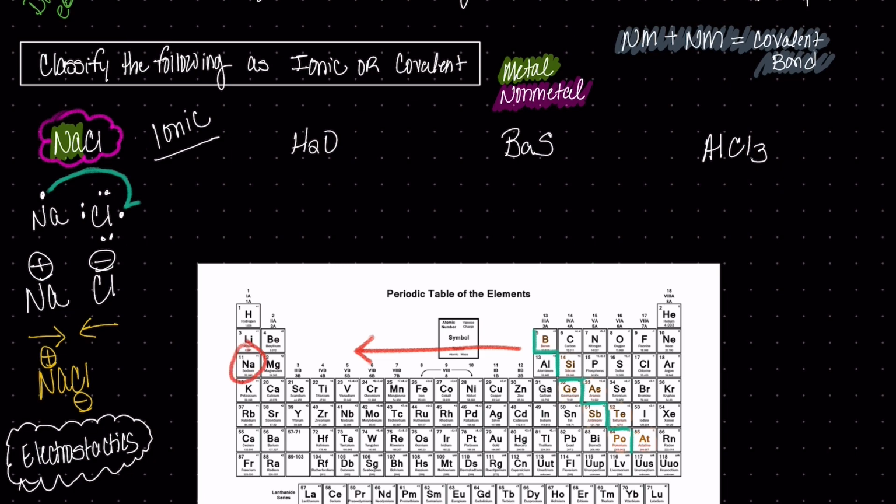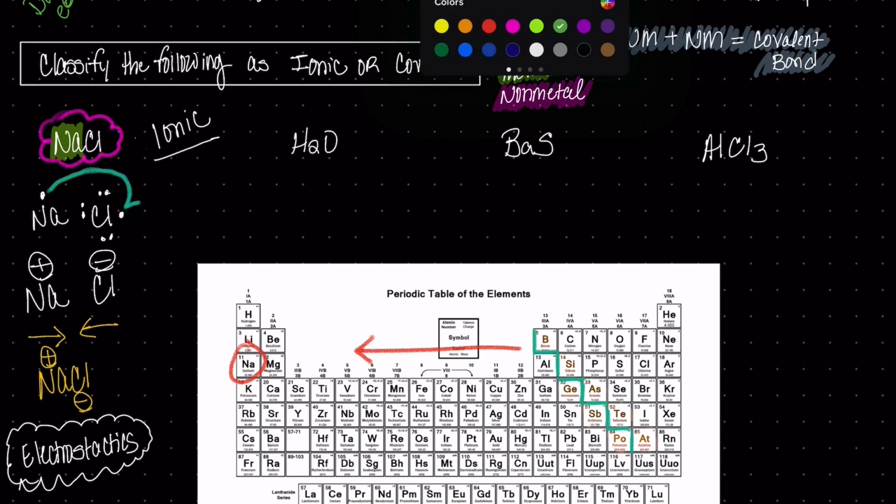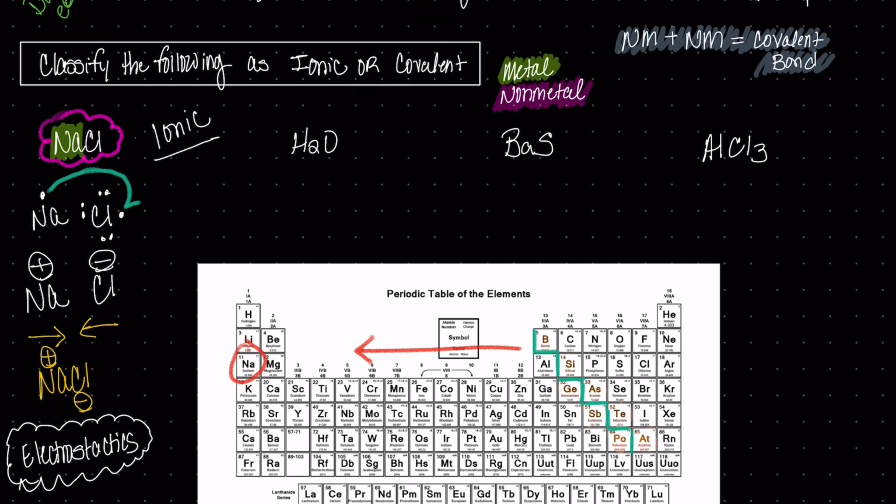Now chlorine is another notable non-metal because chlorine is squarely over here on the right-hand side.